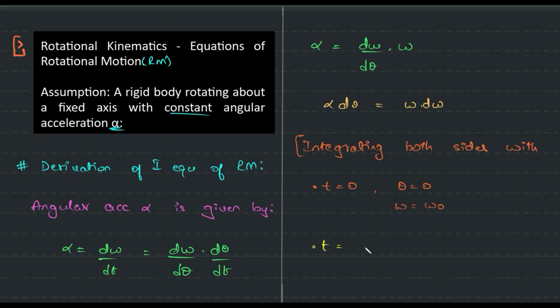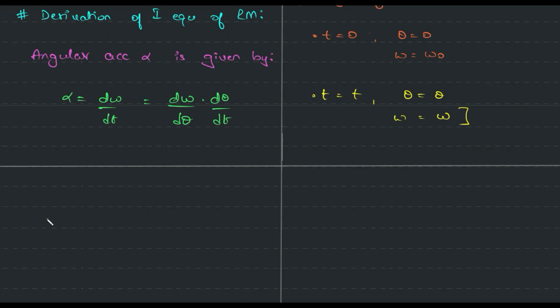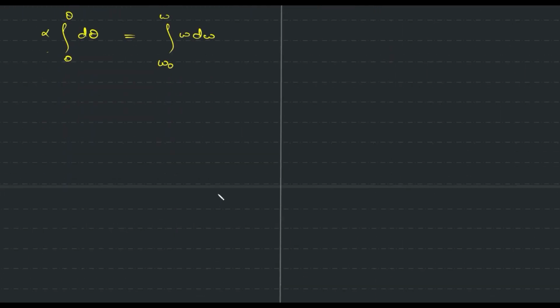And after some time t, after t seconds, we have theta equal to theta and omega equal to omega. So now alpha times the integration of 0 to theta d theta. Why is alpha outside? Yes, it's constant. Omega naught to omega, omega d omega. So while omega is changing, right, it's accelerating, this is theta and this will be omega square by 2 from omega naught to omega.